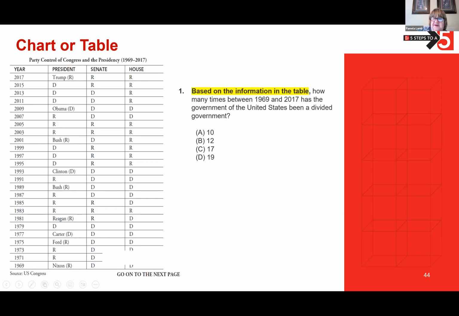This is a chart or a table. Notice it's pretty big in the sense that it covers from 1969 all the way to 2017. How many times between 69 and 2017 has the government of the United States been divided? So you have to know what a divided government is, and then you just have to go back and count.